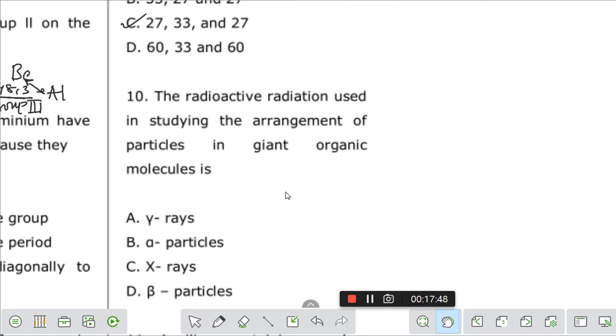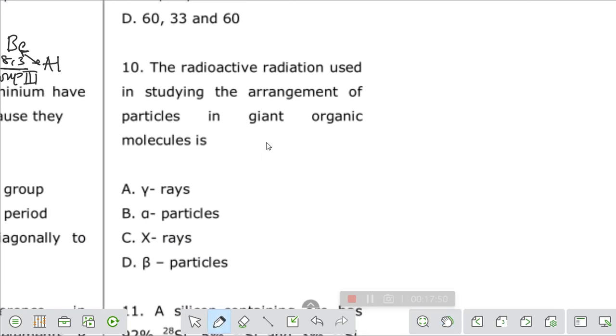So look at this question. They said number 10, the radioactive radiation used in studying the arrangement of particles in giant organic molecules is X-ray. So X-ray is what they use. If you are wondering how they got the structure of some giant organic molecules like starch, it's due to these radiations that they use to study how the particles are arranged.